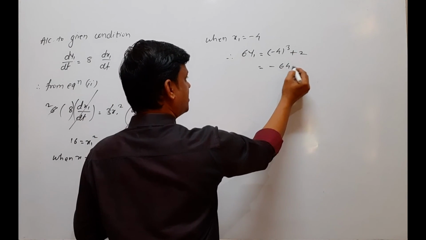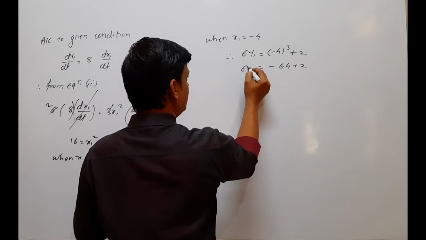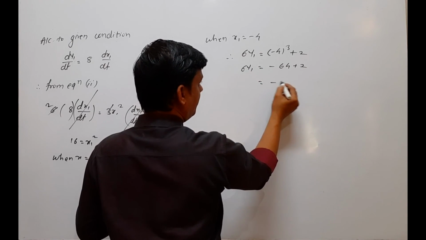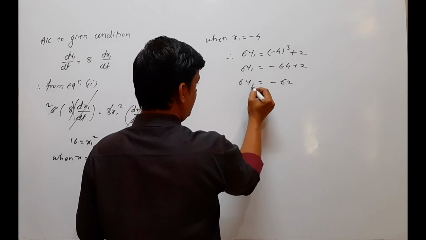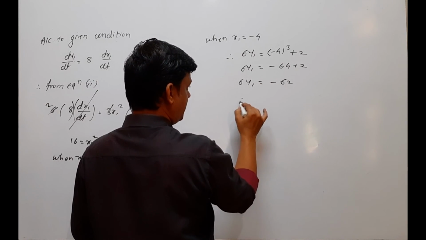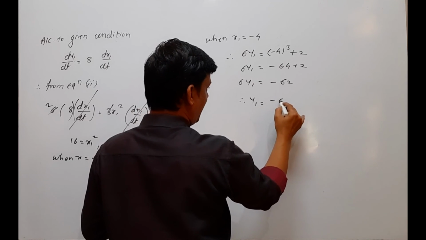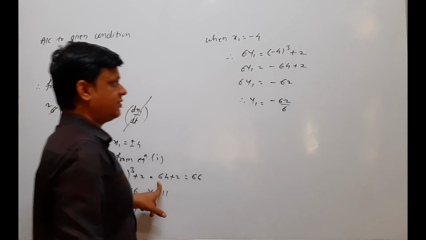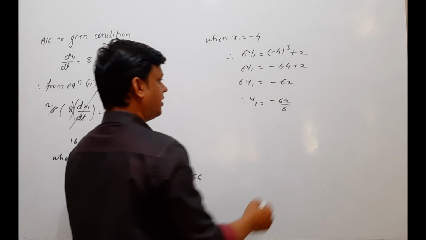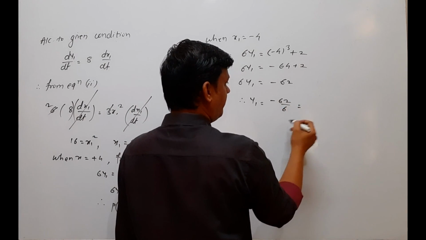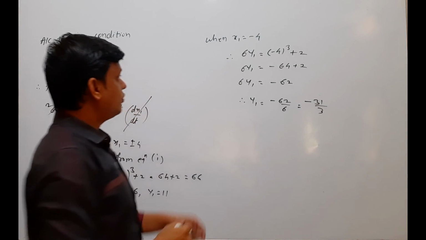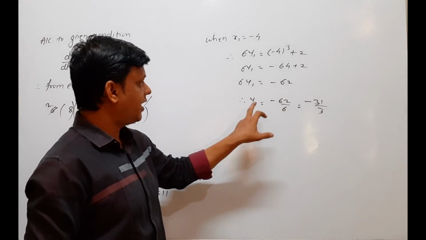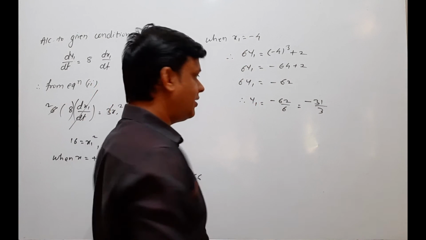So minus 64 plus 2, that means we get minus 62. So 6y1 is equal to minus 62, that is y1 is equal to minus 62 upon 6. We divide both numerator and denominator by 2, so we get minus 31 by 3. So when x1 equals minus 4, we get y1 equals minus 31 by 3.